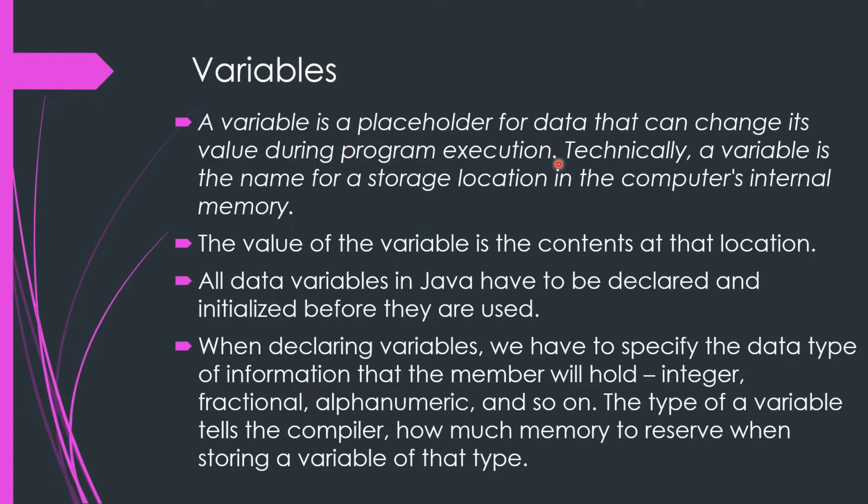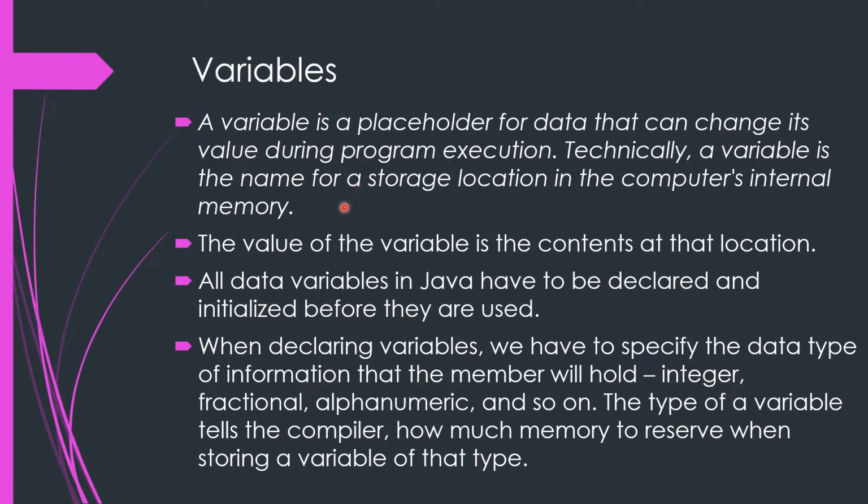If we talk technically, then a variable is the name for a storage location in the computer's internal memory. So, in technical terms, we can define the variable as the name for a storage location. Means it is a type of storage location in the computer's internal memory, and variable is the name for this storage location.